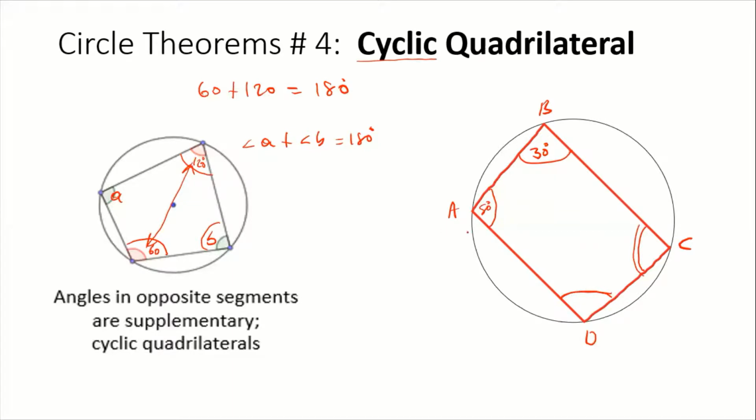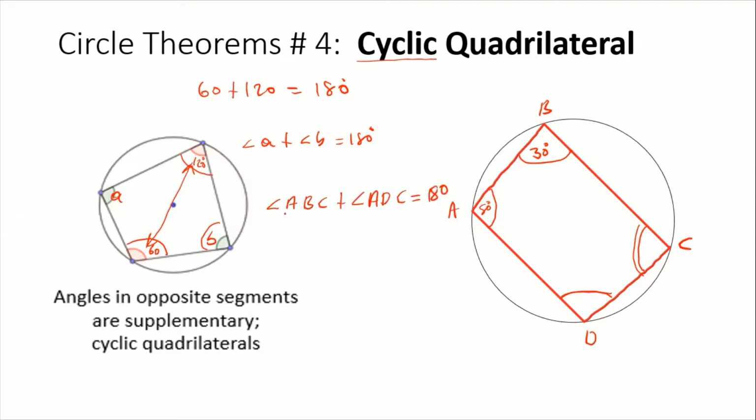Then what this rule is saying is that angle ABC, which is this angle here, the 30 degrees, plus angle ADC must sum to give 180 degrees because they are supplementary.